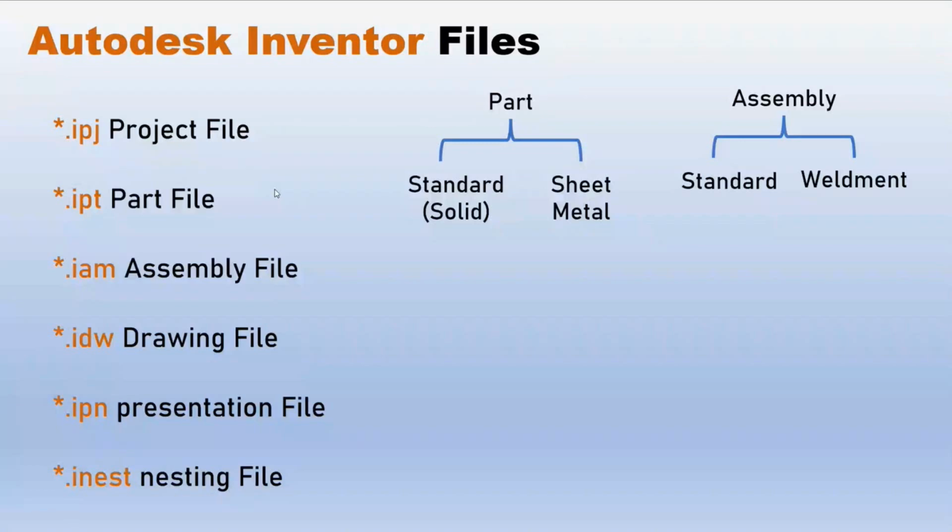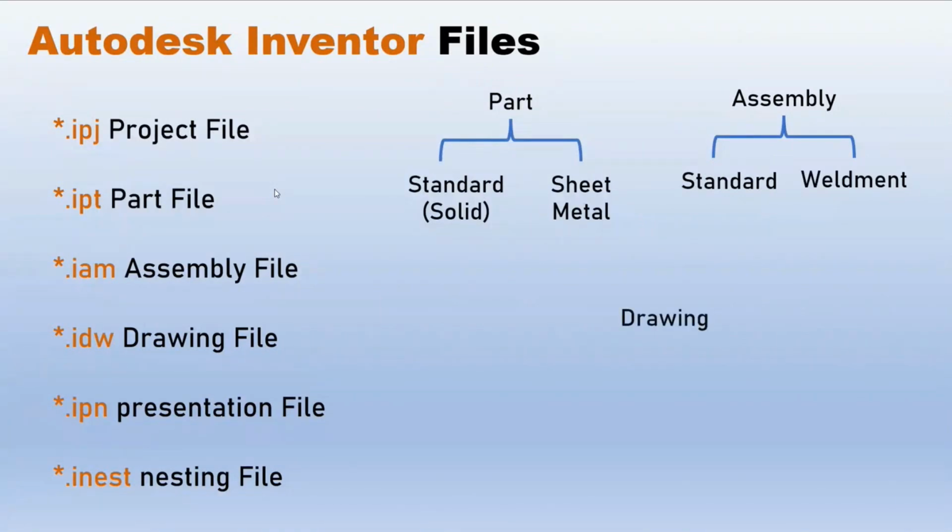So if you would like to make an assembly including those features, you will go to the weldment assembly. If not, don't use the weldment assembly. Use the standard assembly. Around 90% of assemblies, I think you can make with a standard assembly.